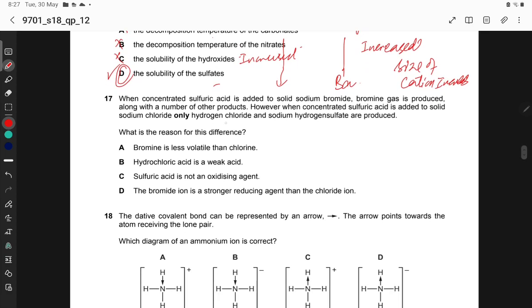When concentrated sulfuric acid is added to solid sodium bromide, bromine gas is produced along with a number of other products. However, when concentrated sulfuric acid is added to solid sodium chloride, only hydrogen chloride and sodium hydrogen sulfate are produced. What is the reason for this difference?